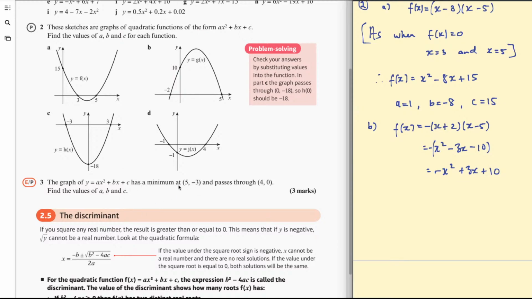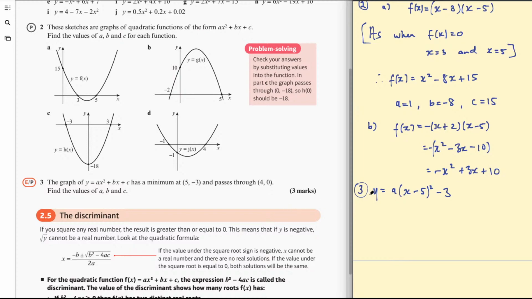Okay, so if we're given the minimum, I would start off by writing it as y equals a(x take 5) all squared take 3. That's how I'd start off. And then to solve for a, I'd let x equal 0 and y equal 0.